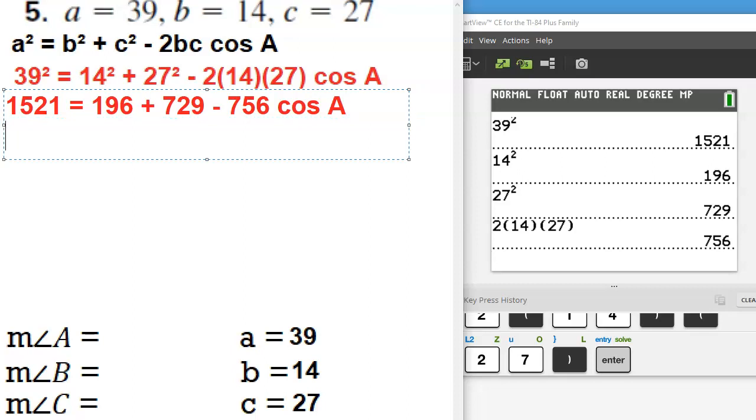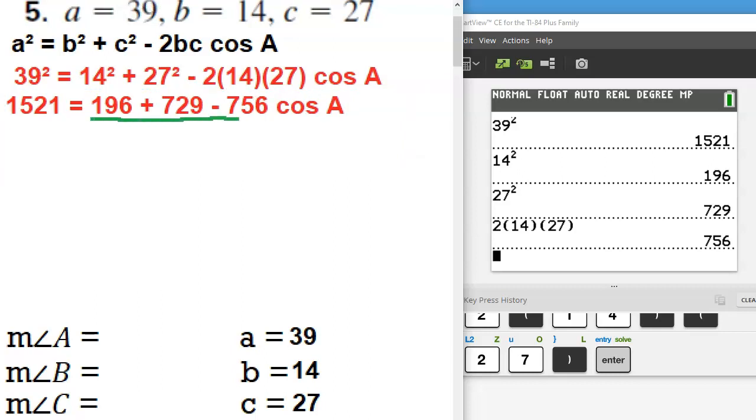Now, this is the part that people get wrong the most. There's always a temptation to try to do 196 plus 729 minus 756. Guess what? This is not a like term with the other 2. So this is locked into place, the worst lock in the history of mankind.